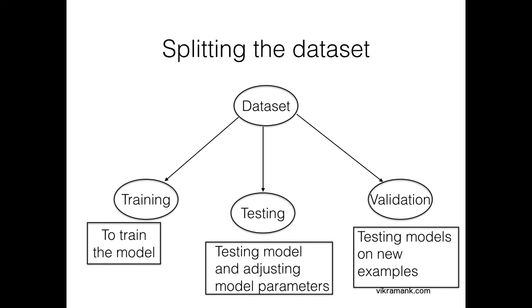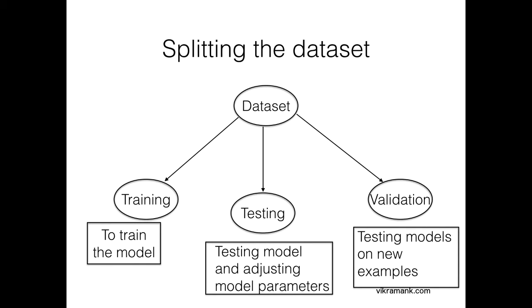You use the training dataset to train the model and calculate the error, and you use part of the dataset for testing, let's say around 20% of the dataset.